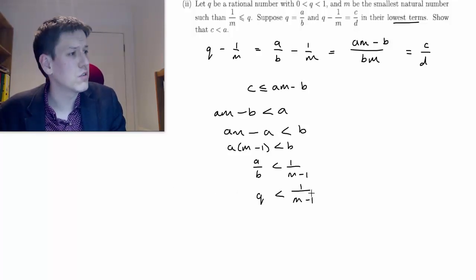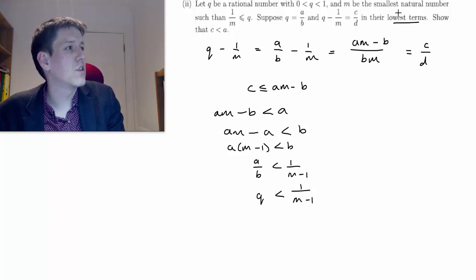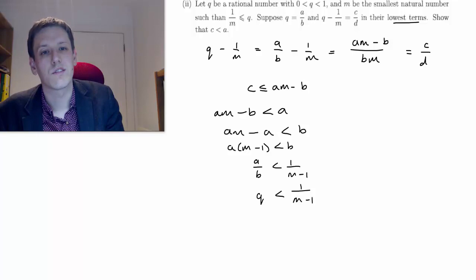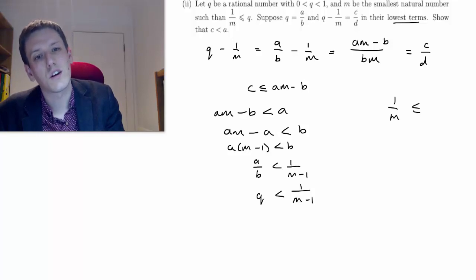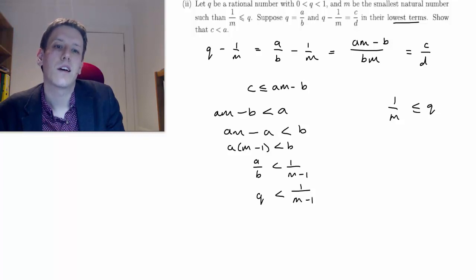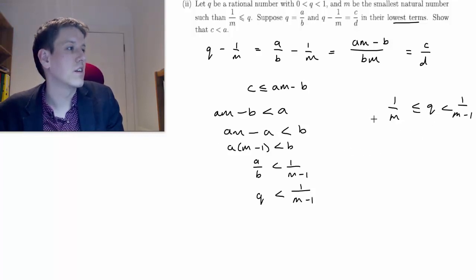And now this is true because m was the smallest natural number such that 1 over m was less than or equal to q, so it must actually be the case then that 1 over m minus 1 is larger, because by definition we chose m to be the smallest possible thing that made this work, so m minus 1 must not make it work.